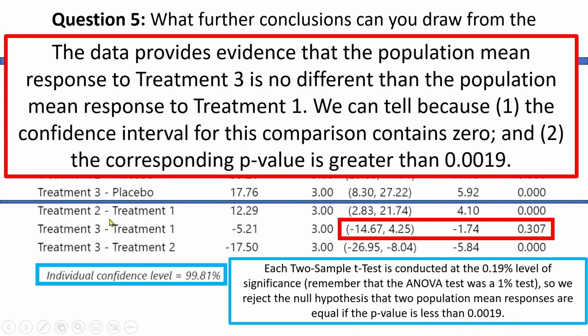And so if you look at 2 versus 1, the p-value is much less. 3 versus 2, the p-value is less, but 3 versus 1, the p-value is greater than 0.0019. And so here we fail to reject the null hypothesis, consistent with the fact that this interval contains 0.